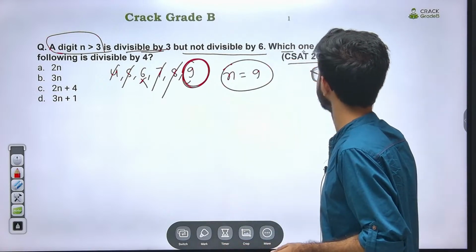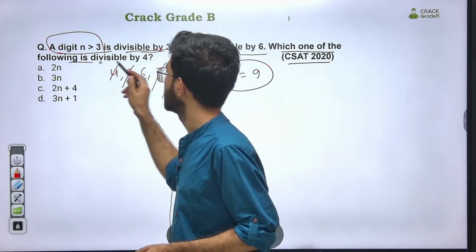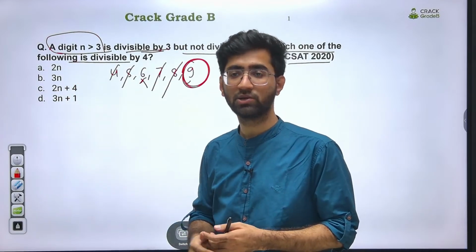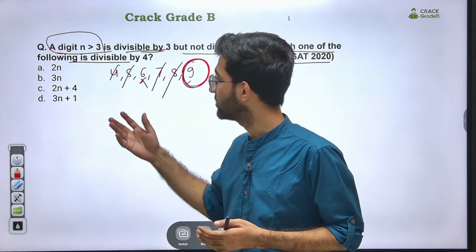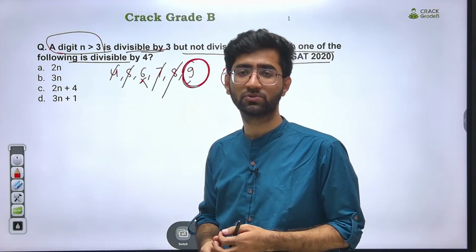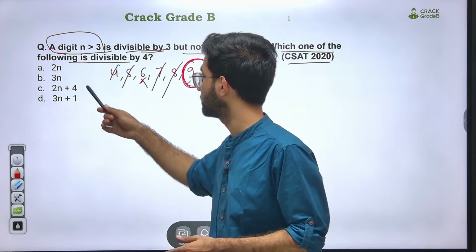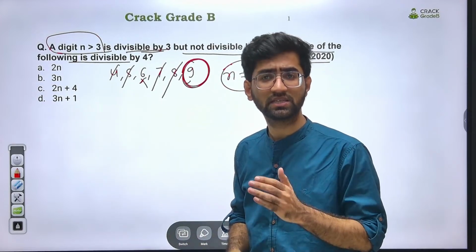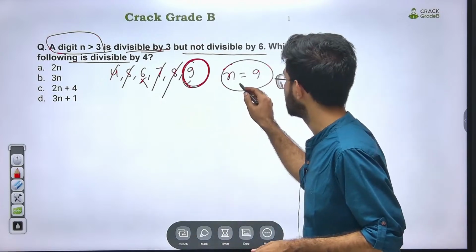Okay, now the question says, which one of the following is divisible by 4? You have been given 4 values: 2n, 3n, 2n plus 4, 3n plus 1, and you have to answer which one is divisible by 4. Do you know the value of n? Yes, n equals 9.